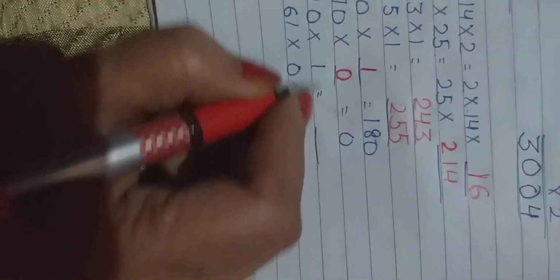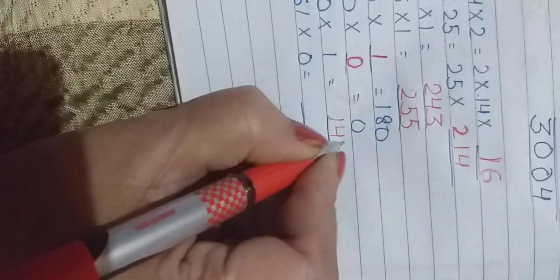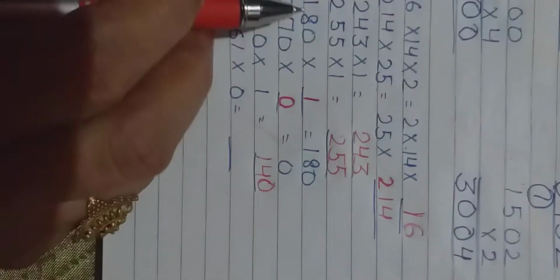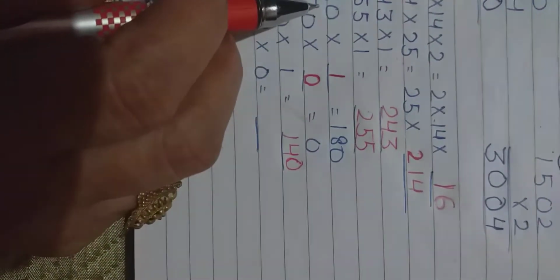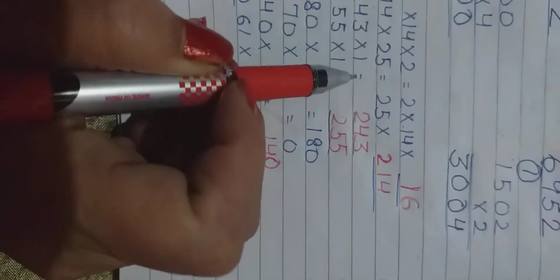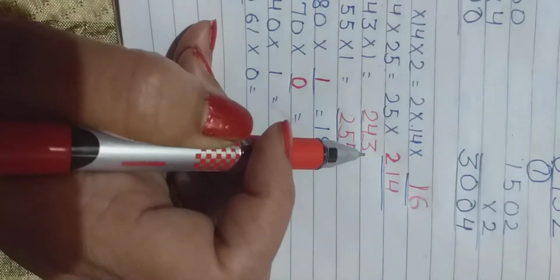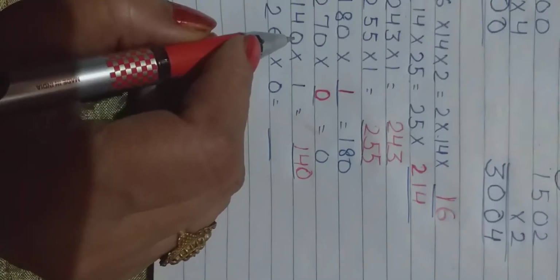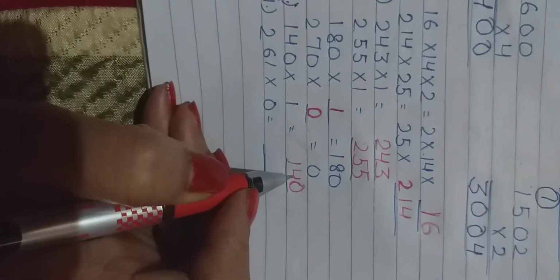140 multiplied by 1, what do we get? 140. If we multiply any number with 1, then we get the same number. Like here we multiply 243 by 1, we get 243. 255 by 1, we get 255. Same as we get, if we multiply 140 by 1, we get 140.